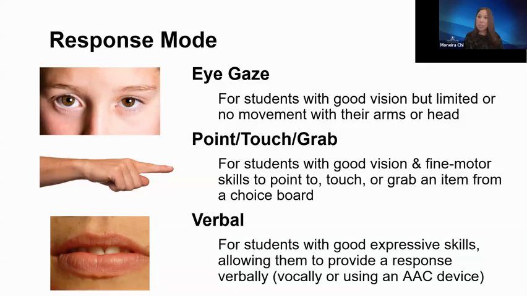They might point to or touch what they want to show us or to make responses to questions that we ask them. And then perhaps you have a child who is able to express themselves vocally with their voice or maybe verbally, but using an augmentative communication device. And that would be considered a verbal response, even if they're using their device to respond.